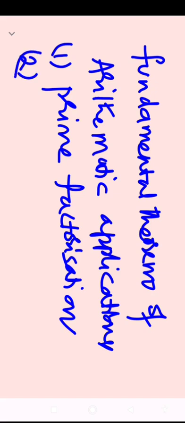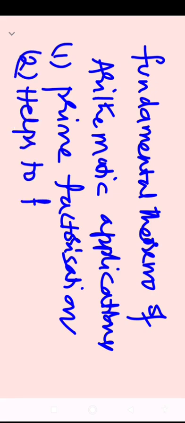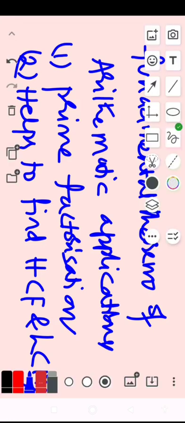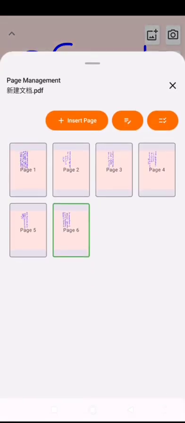To do prime factorization, we use the fundamental theorem of arithmetic. The second one is that we can find HCF and LCM using the fundamental theorem of arithmetic. These are the two applications.